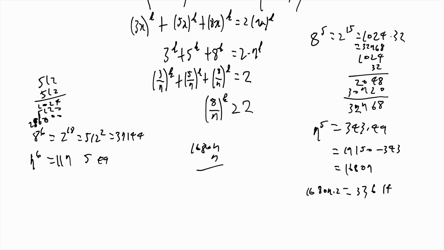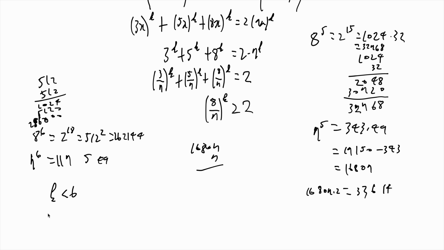So we have 2 like this, and we know that this is less than that, right? Yes, it is right. So we know that k must be less than 6.